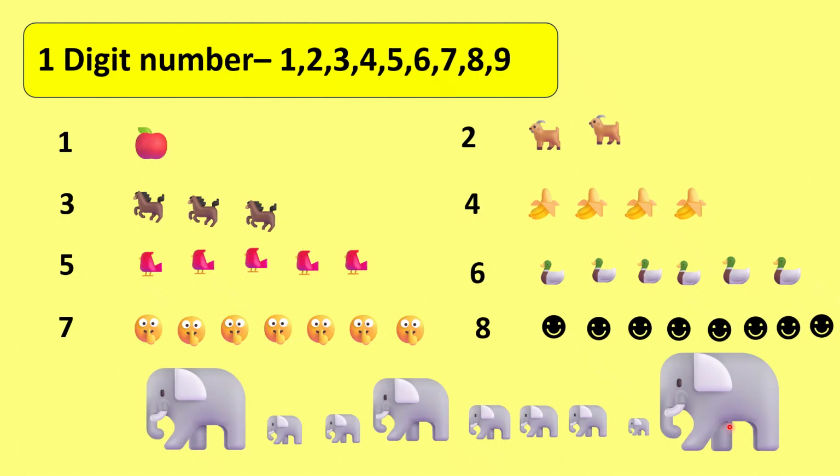The mother always indicates to the little one: do this, don't do that, do it this way. Okay, come on. If you want to count it: one, two, three, four, five, six, 7, 8, 9. So how many elephants are here? It's 9.